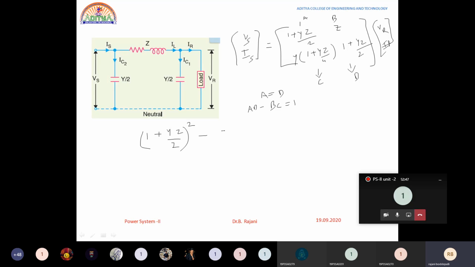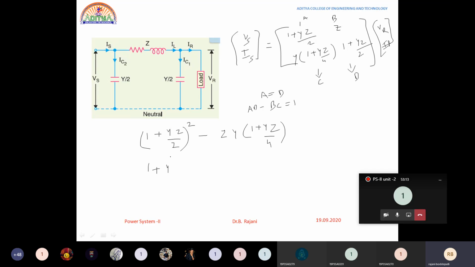Minus B, which is Z, times C, which is Y into 1 plus YZ by 4. If you simplify further, it is in the form A plus B whole square: A square plus B square plus 2AB.